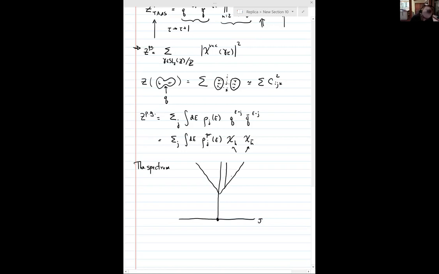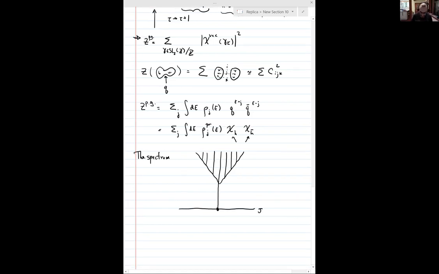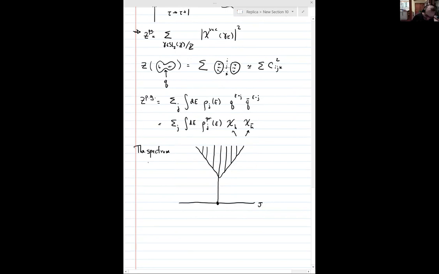In particular, it has lots of states up here in this black hole regime, but it has rather a few problems. Really, it has 3 problems. And just to keep life simple, I'm only writing the spectrum of primaries. So let me tell you what the problems are.